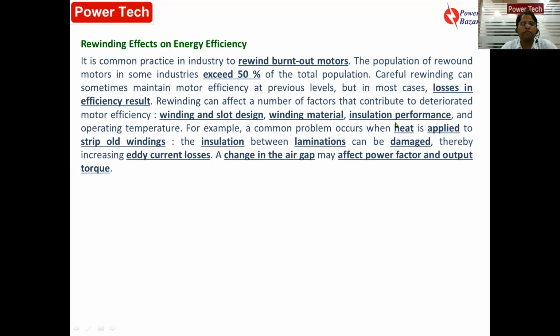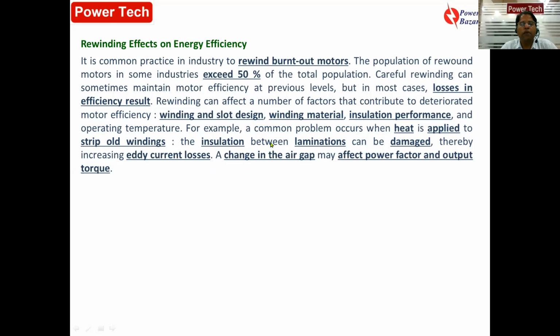It may fail. Similarly, when they apply heat or try to remove the armature or core from the motor, they may damage the laminations. If the laminations or the insulation between the laminations get damaged, what will happen? It will increase the eddy current loss.